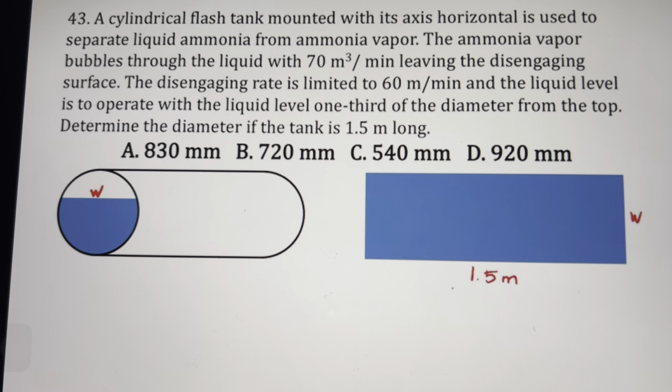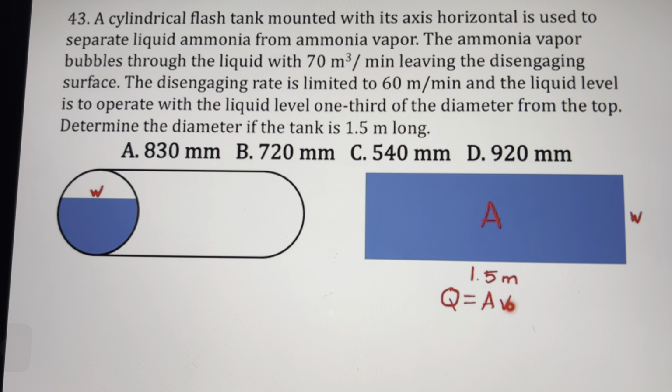So we have a volume flow rate at which the ammonia vapor bubbles through. As we all know, Q, or the volume flow rate, is area times velocity, and that area is this disengaging surface area. It's 1.5 meters times our width, which is still unknown at this point.